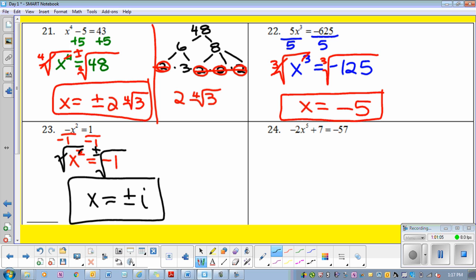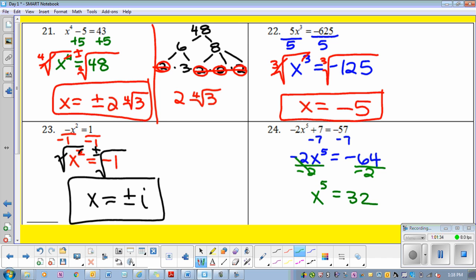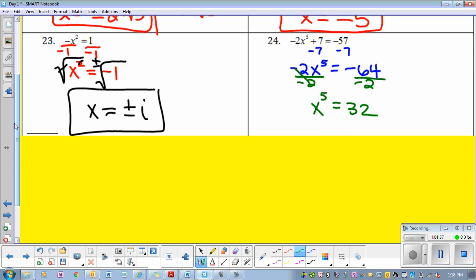Alright, so number 24. With this one, subtract the 7 first. Negative 2x to the 5th equals negative 64. Now what? Divide by negative 2. X to the 5th equals 32. 5th root.